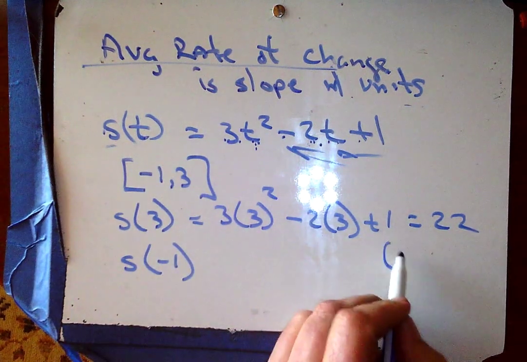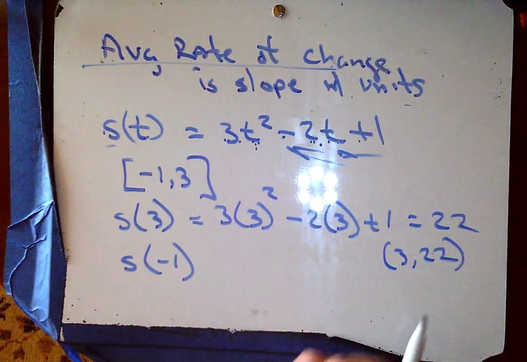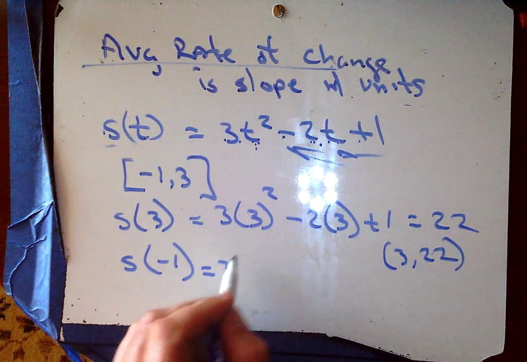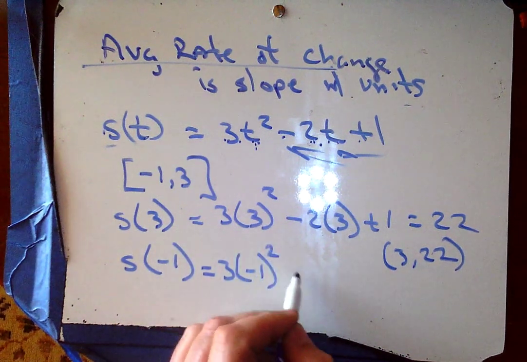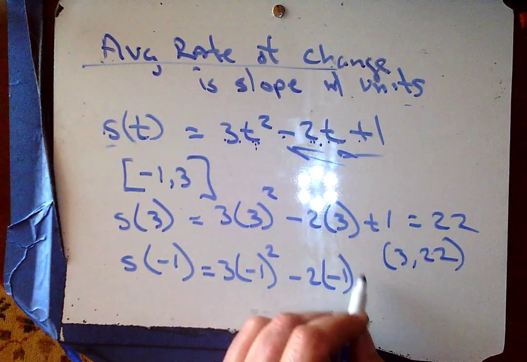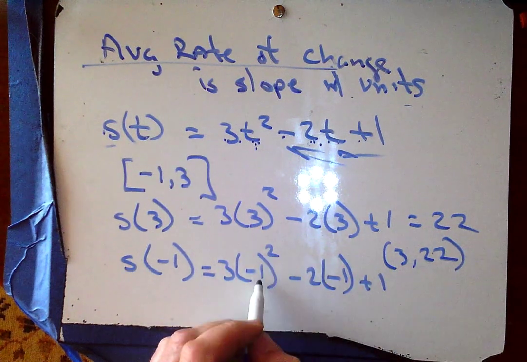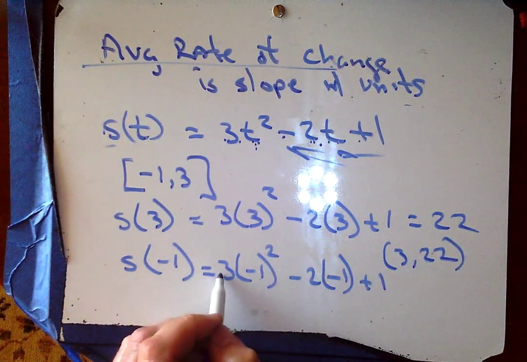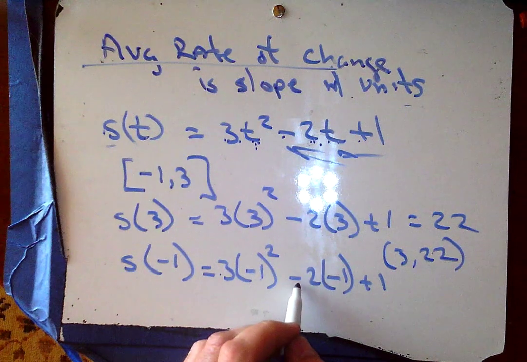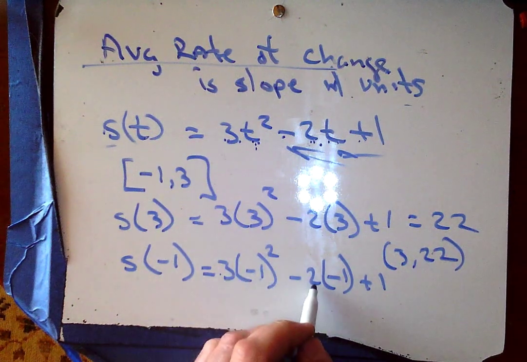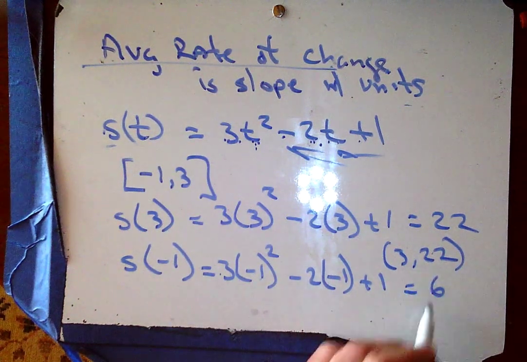So I know I have the ordered pair 3, 22. And if I plug in a -1, -1 times -1 is 1, 1 times 3 is 3, -1 times -2 is 2, so 3 plus 2 is 5, plus 1 is 6.